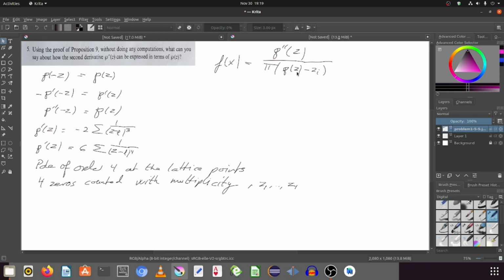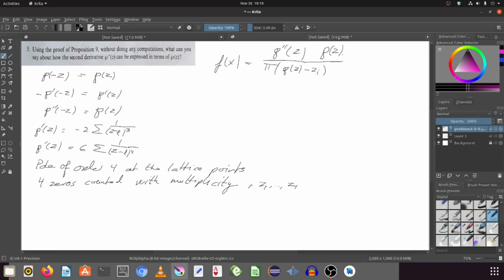So we need to, but by God, I thought that when the zeros agreed, then, well, this has a pole of order 2. To get the pole of order 4, we need to multiply by the Weierstrass P function of z.